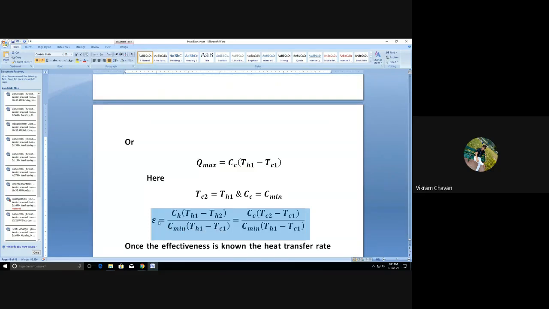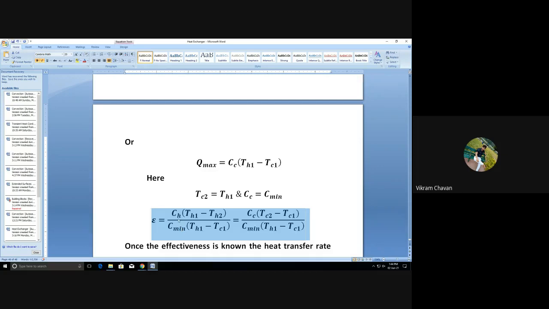So we can calculate the effectiveness as CH inside the bracket TH1 minus TH2 whole divided by, this is the actual heat transfer, which is also equal to CC inside the bracket TC2 minus TC1. You can consider any of these, divided by the maximum possible heat transfer, that is C minimum inside the bracket TH1 minus TC1, which is also equal to CC inside the bracket TC2 minus TC1 whole divided by C minimum inside the bracket TH1 minus TC1.